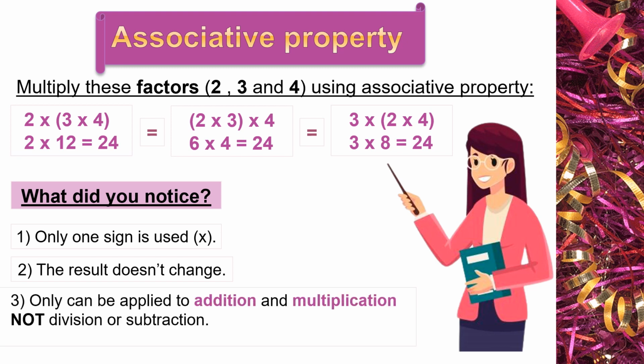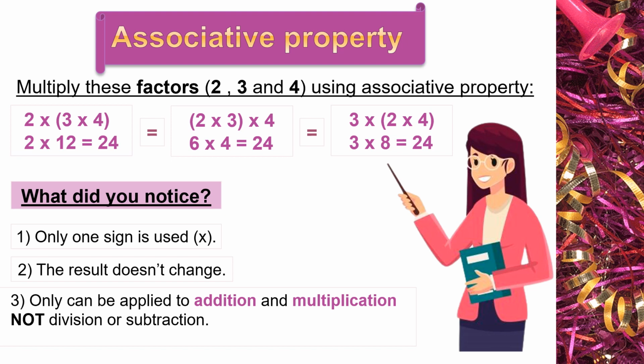Number 3, only I can use or apply this associative property to addition and multiplication, and I can't use it with division or subtraction. Why? Why I can't use associative property in subtraction and division? Because here we are changing the order of numbers.